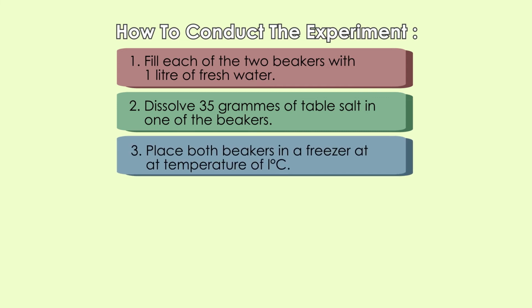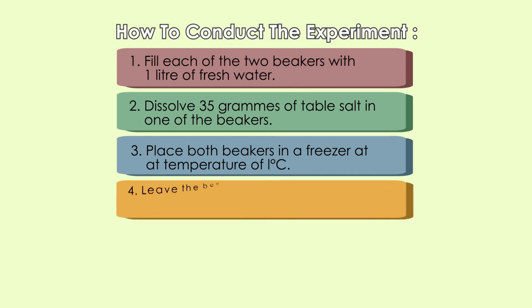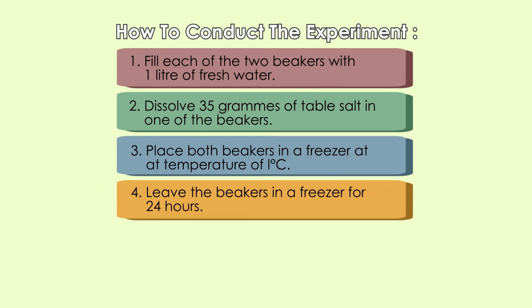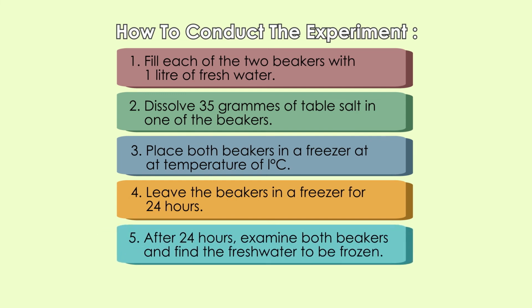Place both beakers in a freezer at a temperature of 1 degree Celsius. Leave the beakers in a freezer for 24 hours. After 24 hours, examine both beakers and find the fresh water to be frozen. Yes, there you are. Well done, everyone.